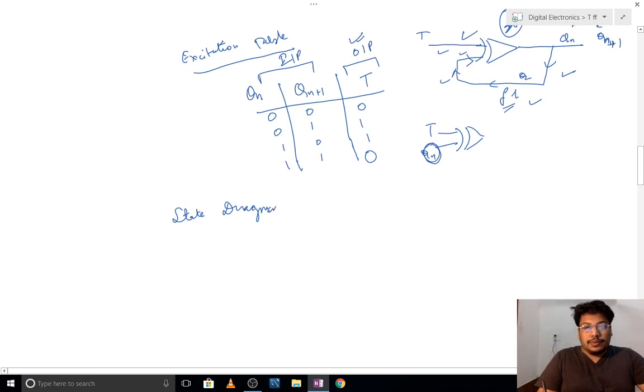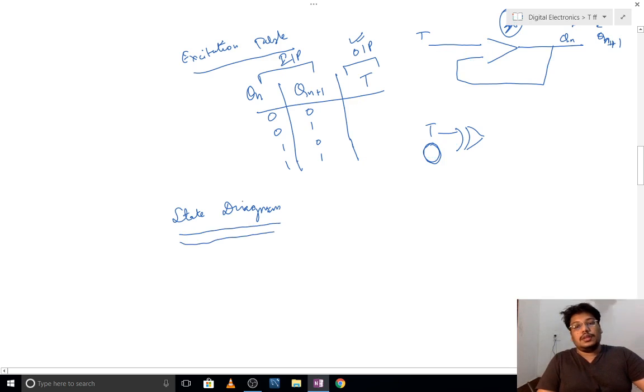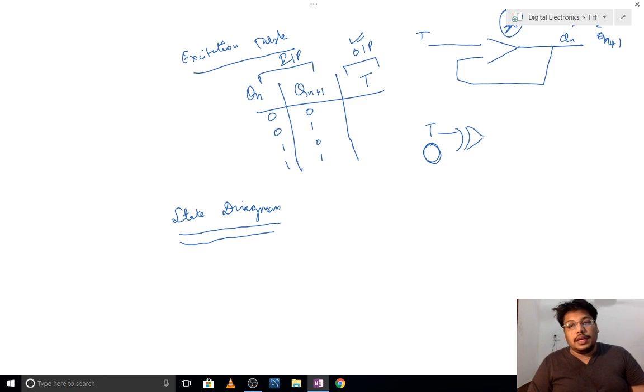Guys, before reading T flip-flop, one thing must be noticed. Why are we reading T flip-flops? T flip-flops are mostly used in counters, right? So if you are generating asynchronous counters, then T flip-flop will be very helpful. Otherwise you can use T flip-flops in synchronous counters also, right?